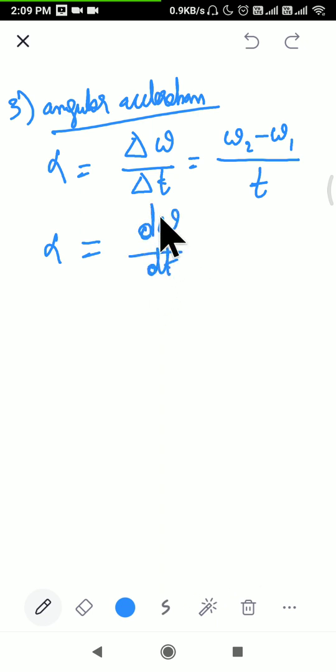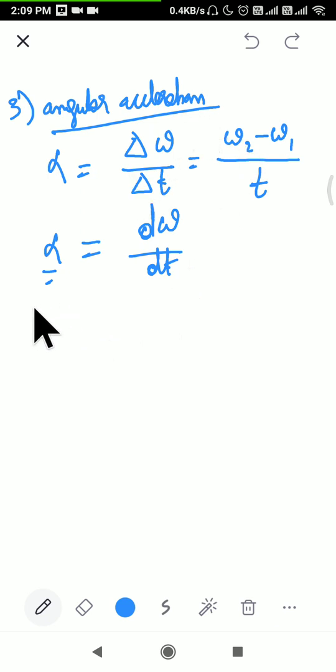Differentiation of the omega function, that means omega is changing with respect to time with some function. Then if I differentiate that function with respect to time, I will get alpha. Alpha is nothing but angular acceleration. Angular acceleration is defined as rate of change in angular velocity.